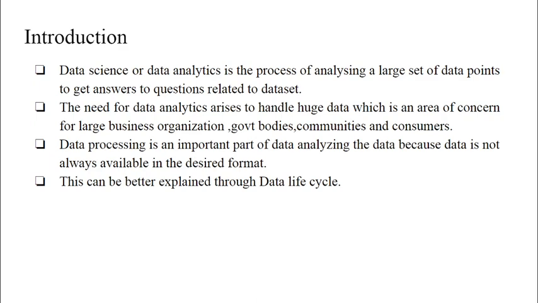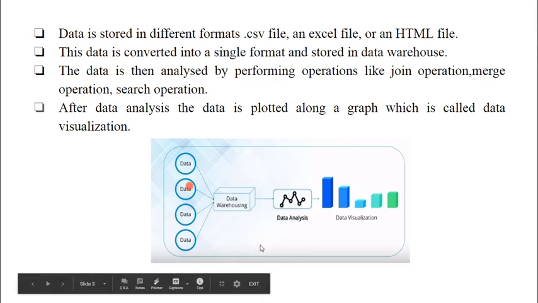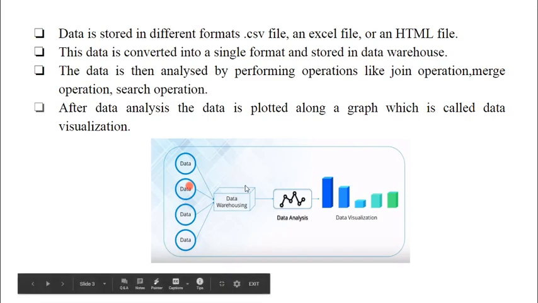So all the data has to be processed into the desired format. So this is called the data life cycle. The data that we get is converted into a desired format. So data travels through certain stages, and that is called the data life cycle. So this is the data life cycle.